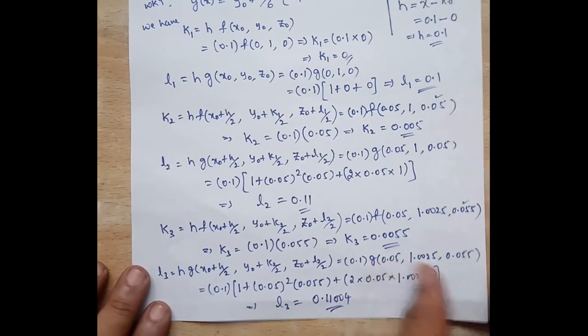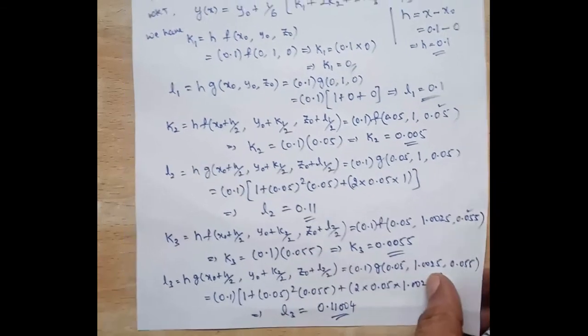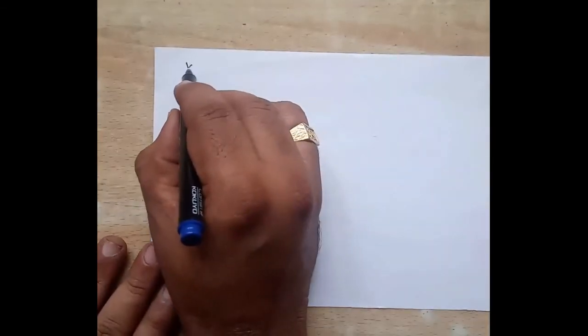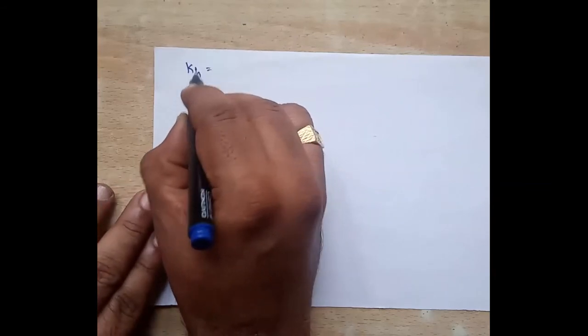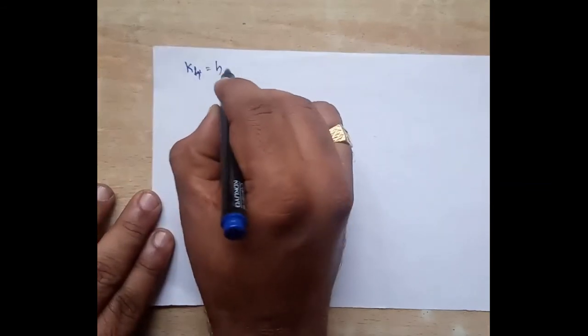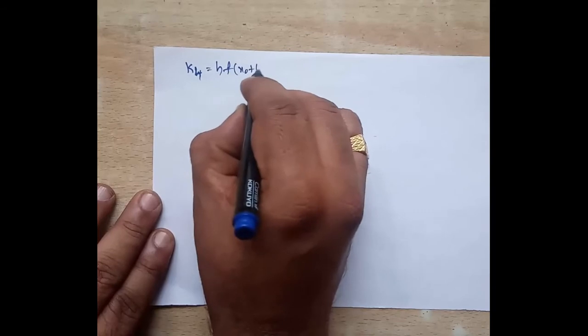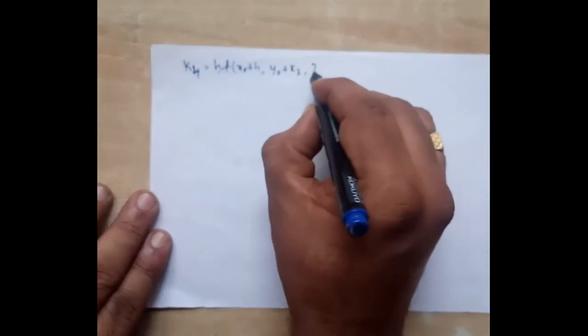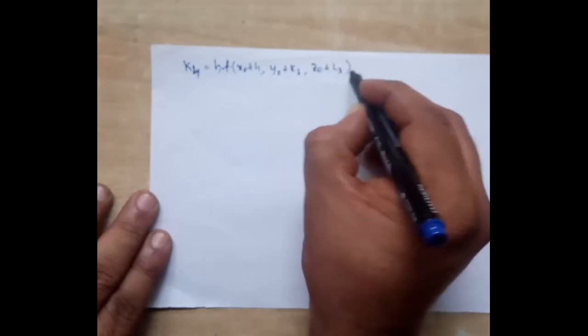So now the next is K4. So let us calculate what is K4 now. K4, the formula is, you know, it is h into f of x naught plus h, comma y naught plus K3, comma z naught plus L3.